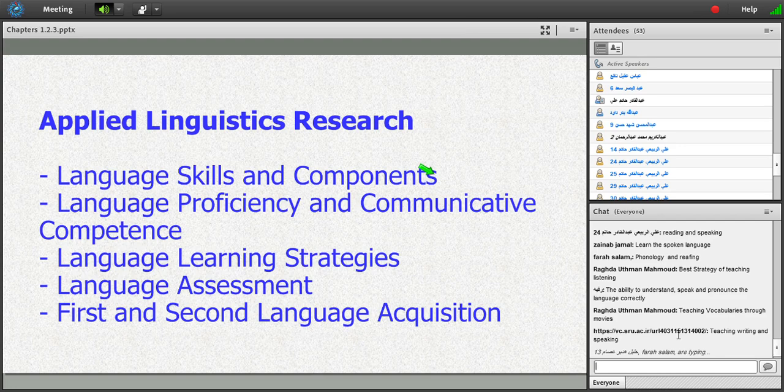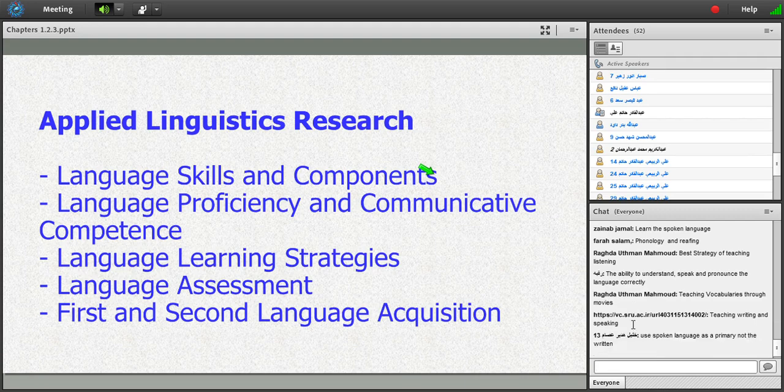For example, you may say how topic familiarity, how being familiar with the content of a reading comprehension text, can influence the student's performance in reading comprehension activities. For example, when they read two texts, one text has a topic which is familiar to the students.